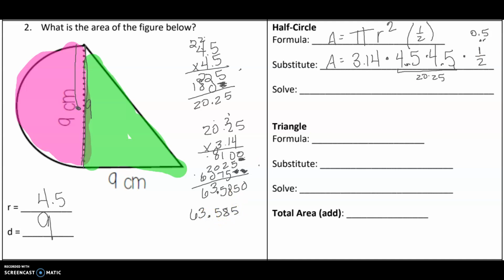So we're at 63.585, and now we need half of that, so we can divide it by 2 or times it by 0.5. I'm going to times by 0.5.